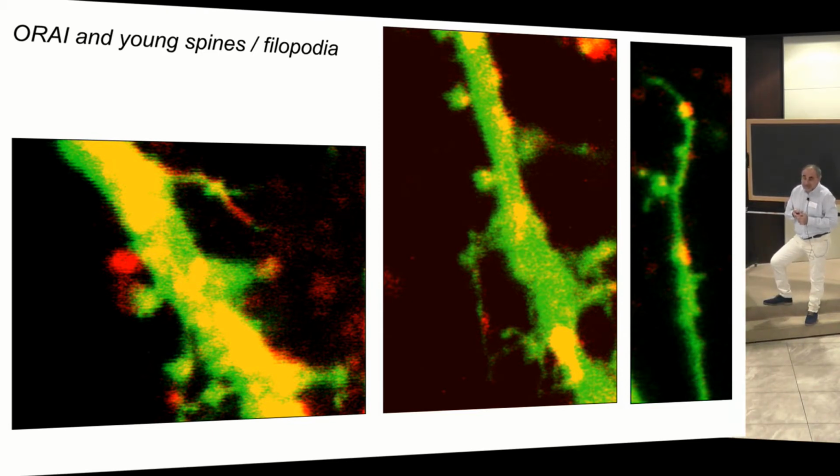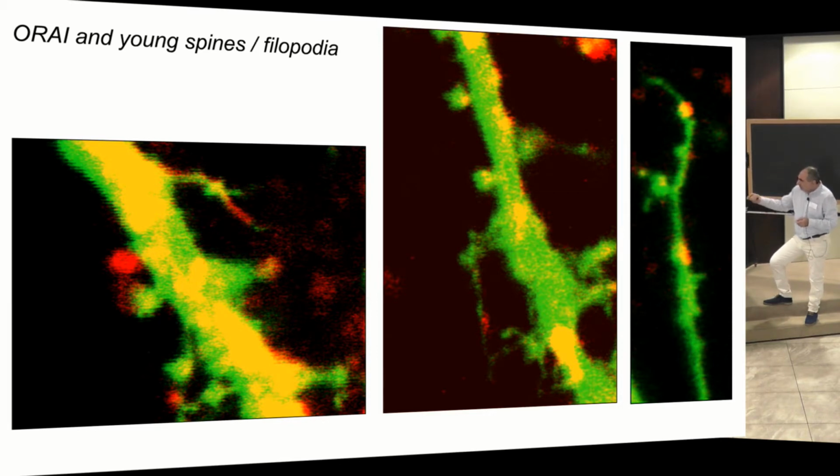The next question for us was, if ORI is stable and sticks to some place, or it can also move, and what is the role of this ORI in general? Why does it appear in some spines and it doesn't appear in other spines, and so on. So we decided to make a plasmid with this ORI and to follow movements live.